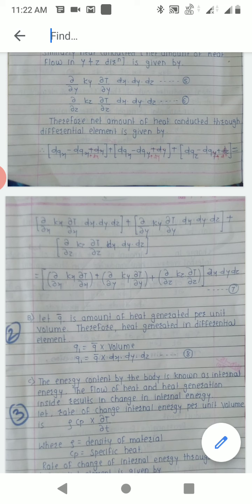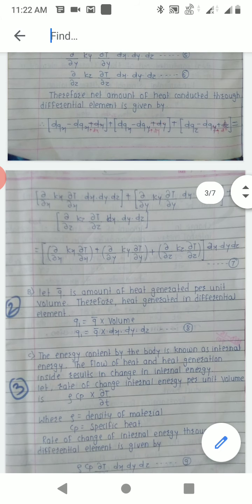So first we have to remember to apply Fourier's law for the x direction and then find the net amount of heat flow in the x, y and z directions. In the second step, we calculate the net amount of heat generated by the element. Now the third step is about internal energy. When heat is flowing inside the element, there must be a change in internal energy.